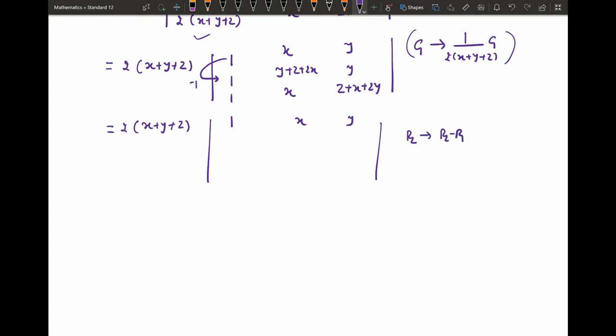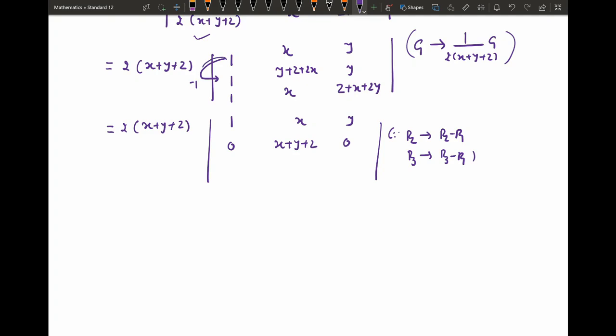First row is multiplied by minus 1, adding the corresponding entries of second row. So 1 minus 1 is 0, y plus z plus 2x minus x, so x plus y plus z, here y minus y is 0.